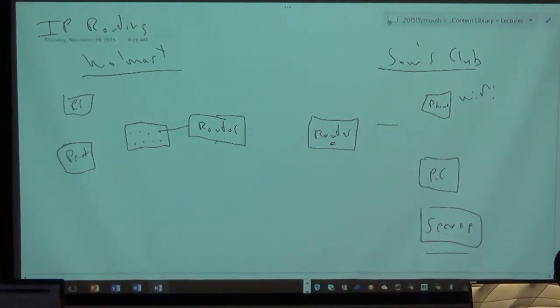We're going to have a switch, all right? Do you understand what we're saying now? Let's say the phone has a cable connected to it, the PC has a cable connected to it, and the server has a cable connected. This router is going to connect to that switch so it can talk to all three of these devices.